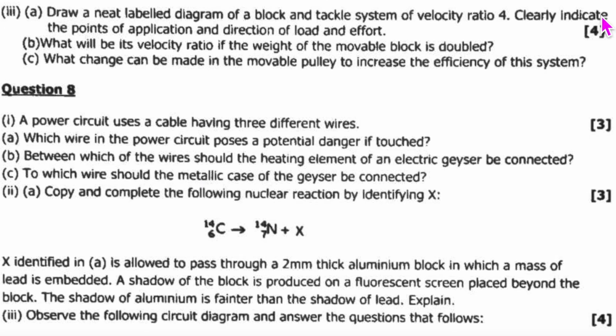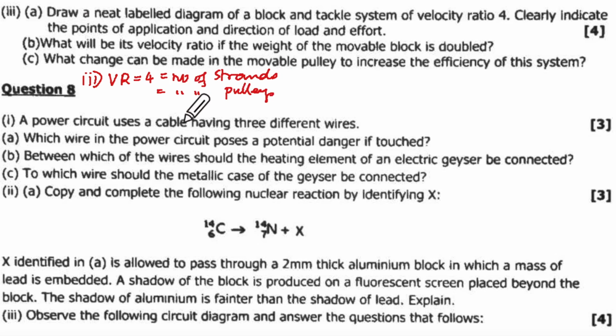We come to the third part, A part. Draw a neat labelled diagram, velocity ratio 4. So VR is equal to 4, which is equal to the number of strands, equal to the number of pulleys.